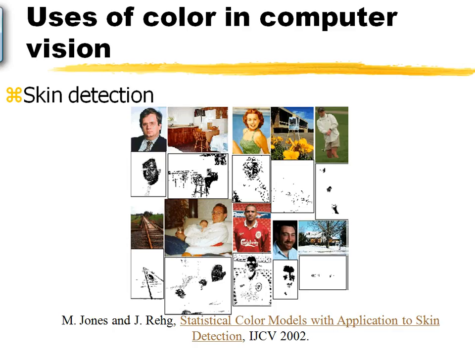Later, people actually said, well, this is interesting. We can use these kinds of models to design representations for physical structures. For example, skin. Skin should have a unique color representation. People tried doing that and applied it for segmentation and things like that. And, well, it was okay.